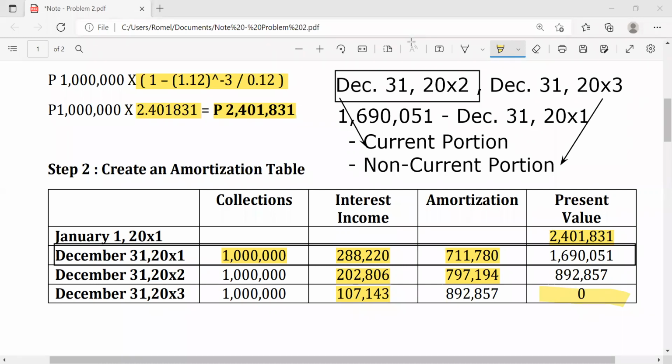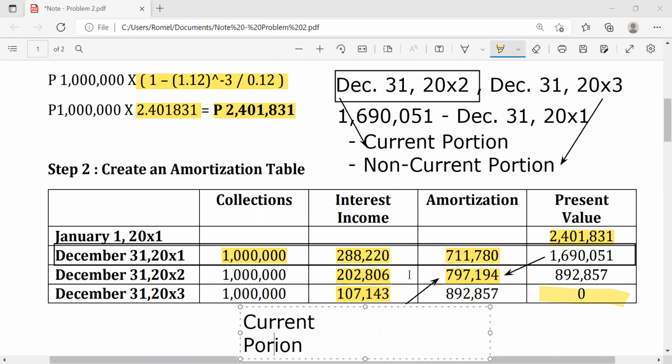Okay, ganito siya. Ang amortization na 797,194 sa December 31, 20x2, this will be our current portion.